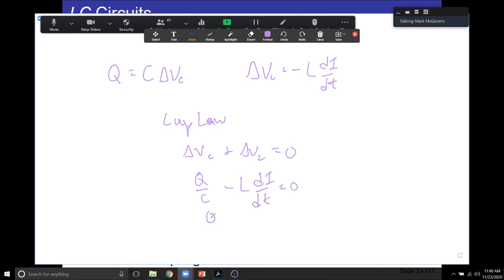But that is the second derivative of Q. And if we rearrange things here, we're going to get d²Q/dt², and I'm going to throw in a Q over here, and LC.